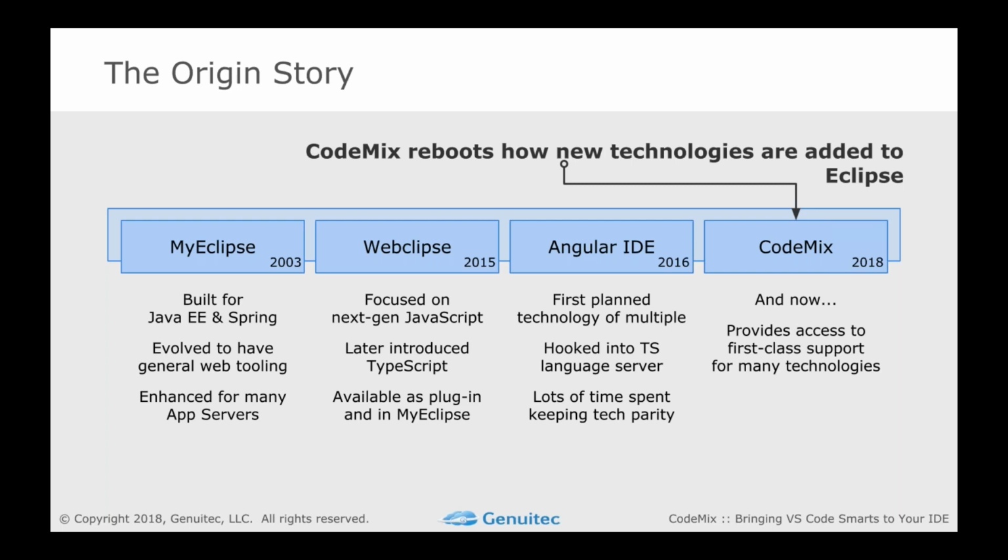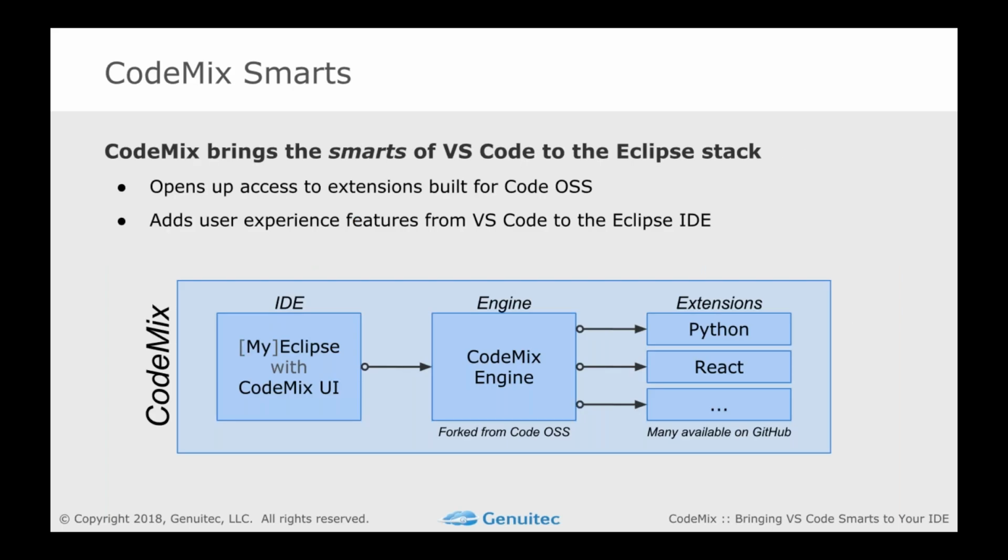What CodeMix allows us to do is bring in all those smarts at the language level, good content assist. So you can have great CSS content assist inside your HTML styles definition. And Brian will talk a little bit about how that all works in a moment. You have your MyEclipse or Eclipse IDE, you have your CodeMix UI in it, and we have essentially a fork of this Code OSS layer.